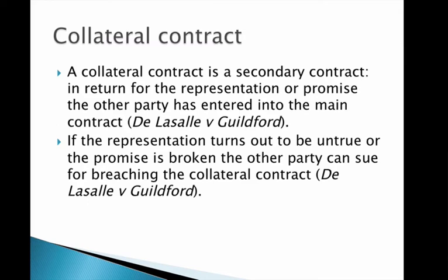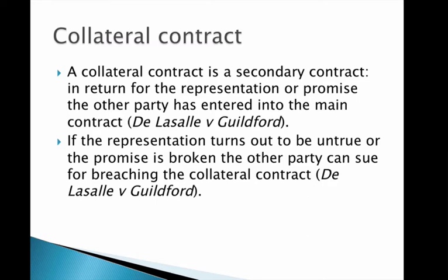So a collateral contract occurs where we say that even though the representation made by a party doesn't form a part of the contract, say because it's not in writing, the courts construe two contracts.